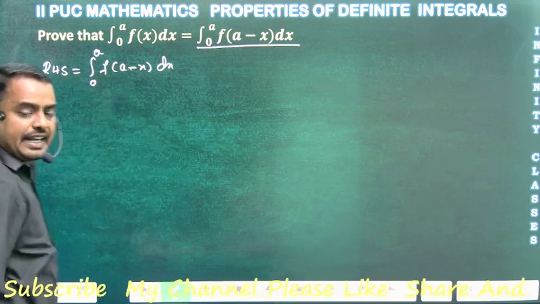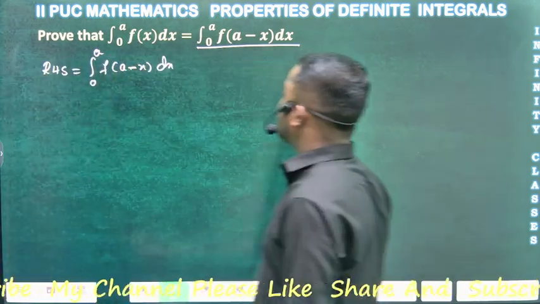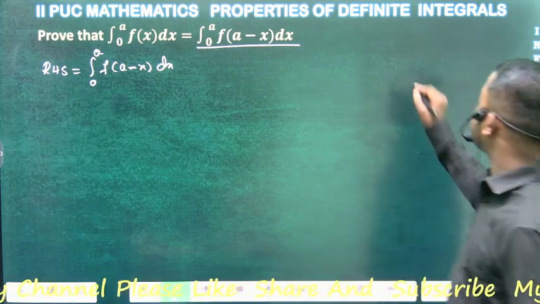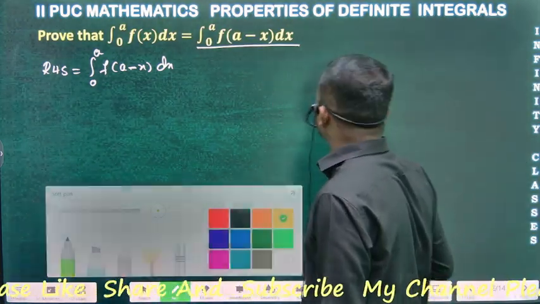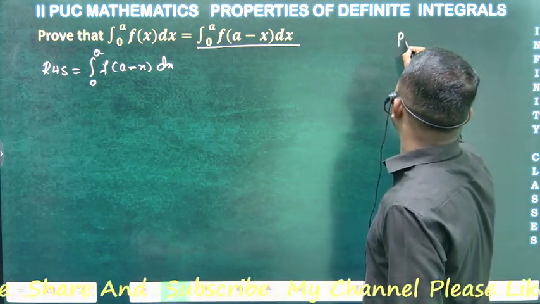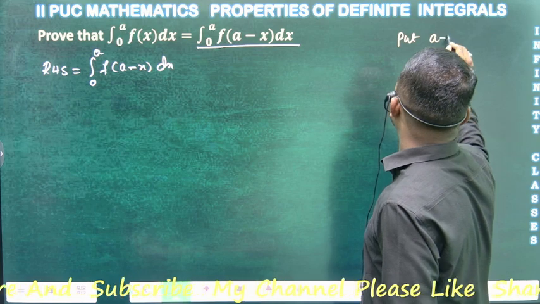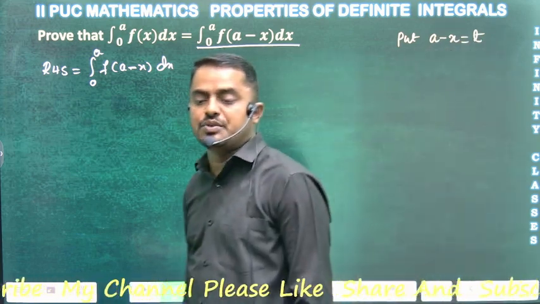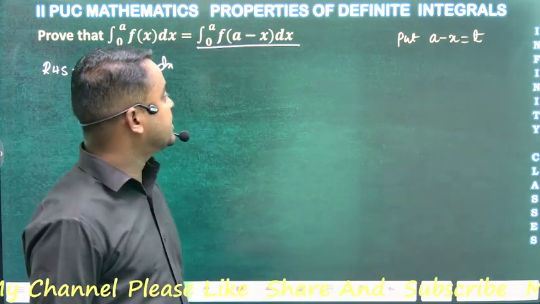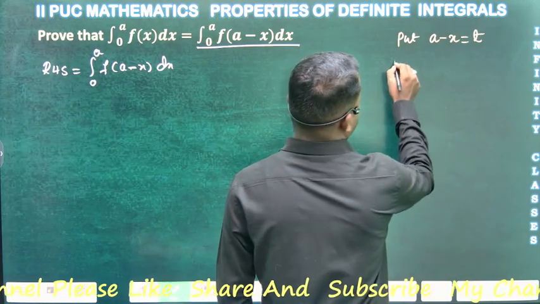After writing the RHS, take the substitution: put a minus x is equal to t. Now differentiate this with respect to t.